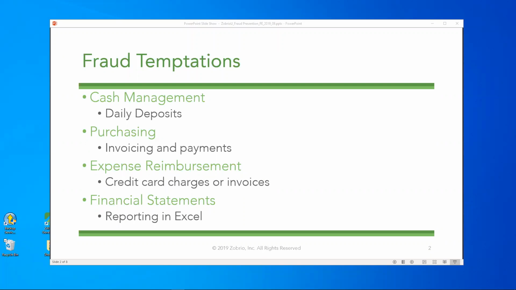When it comes to purchasing, some of the possible scenarios that have occurred in organizations are using either fake or inflated invoices and then essentially embezzling money as a result of that, or creating fake vendors and then redirecting, and along with that, fake invoices, and then possibly in addition to that or as part of that, redirecting payment.